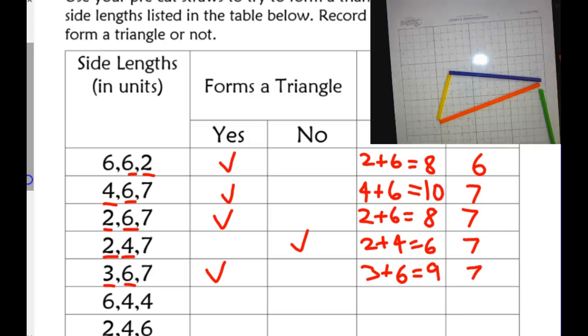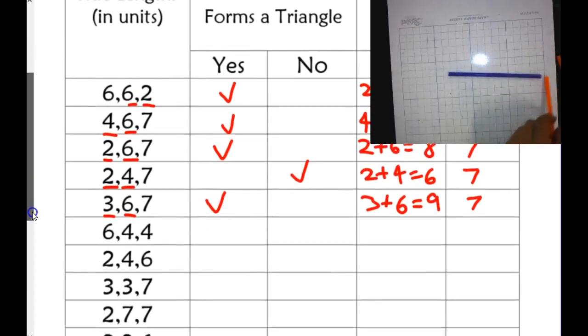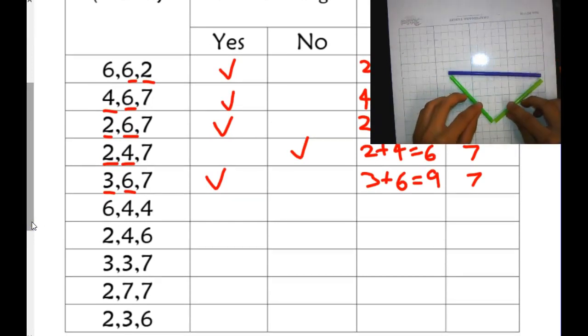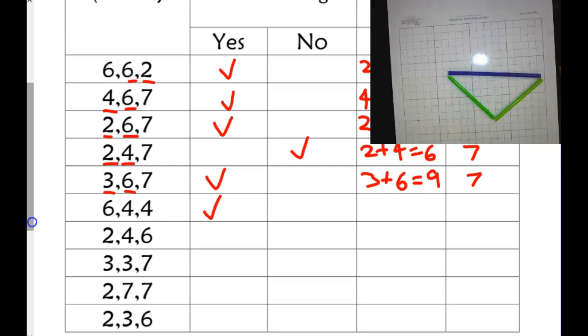Okay, 6, 4, and 4. So we're going to use purple, green, green. Is that a triangle? Oh, yeah. Add up our two smaller sides. 4 plus 4 is 8. And then the other side is 6. Okay, 2, 4, and 6. So red, green, purple.